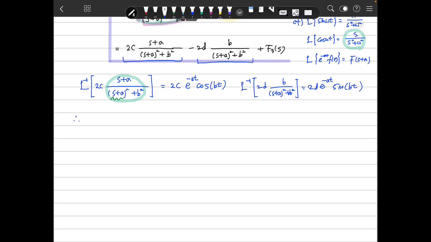So therefore, in this case, the inverse Laplace of Fs will be 2C exponential minus at cosine bt, minus 2D exponential minus at sine bt, and plus other things.